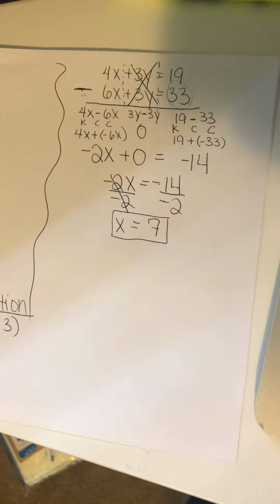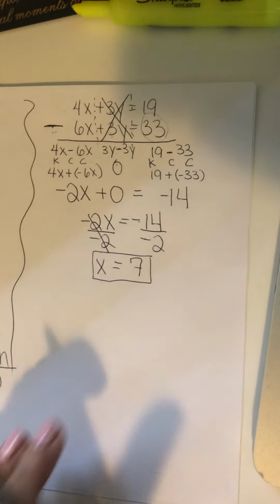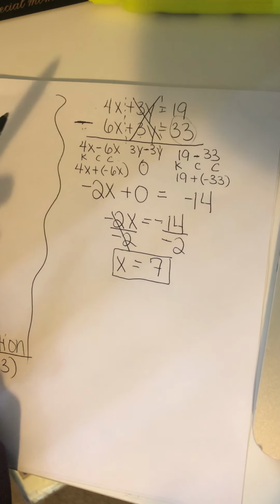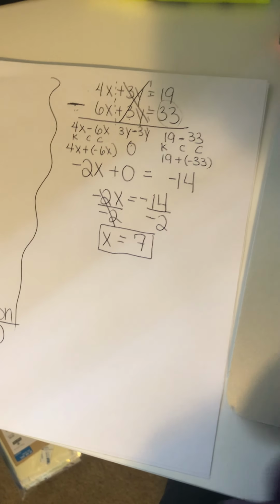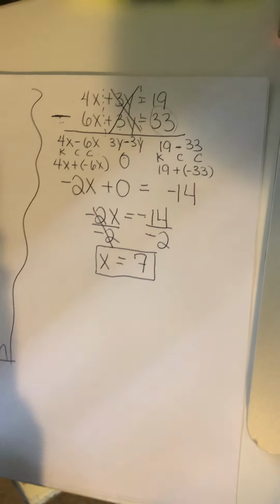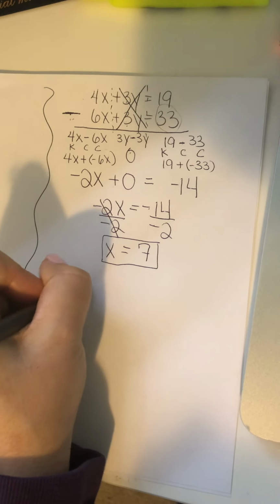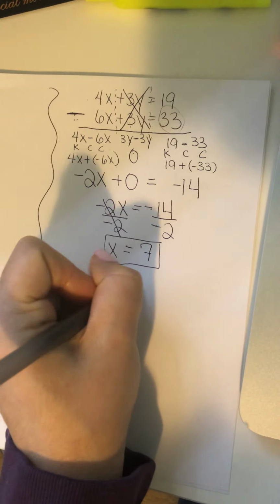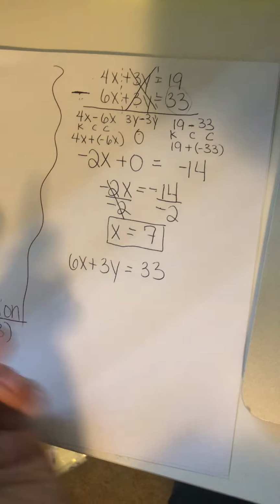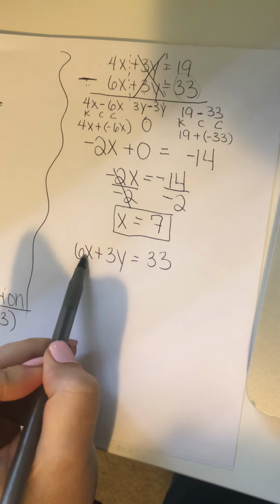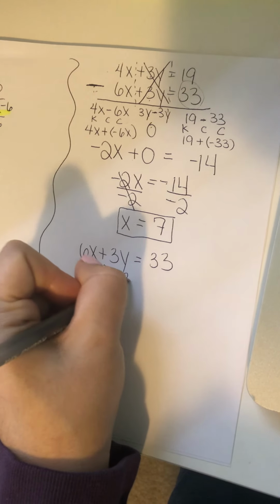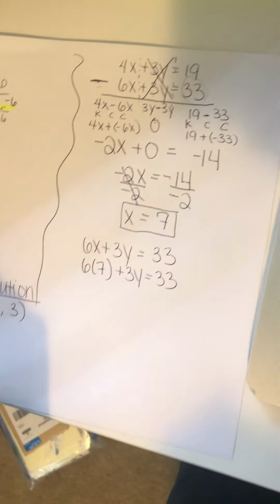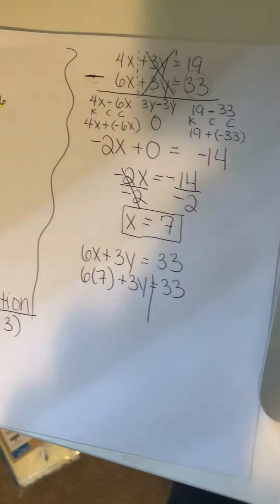And then from there, we pick either equation. We don't really have an easy option for this one, unfortunately. Let me see which one I picked in the lesson so I keep it the same. Okay, I picked the second one. So we'll do 6x plus 3y equals 33. So I'm going to take 7, plug it in for x. So we have 6 times 7 plus 3y equals 33. And now I start simplifying.